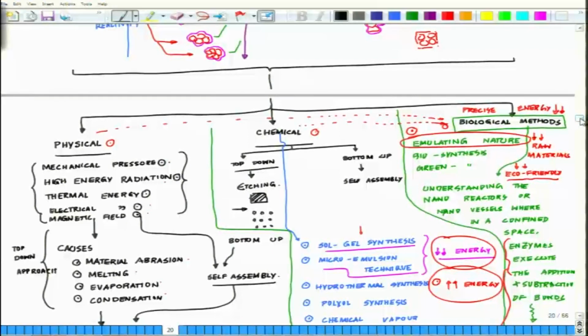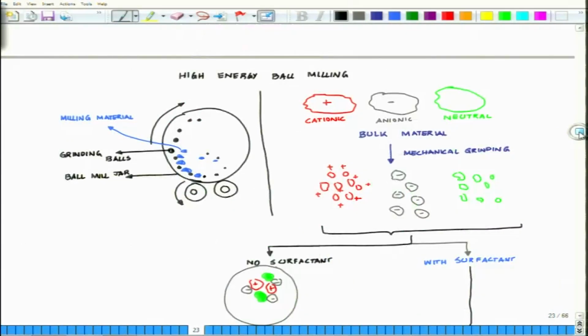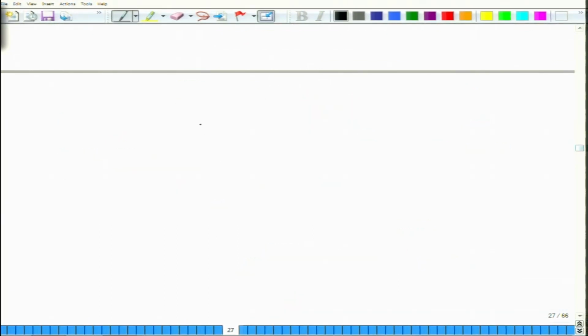So, using all these forces, in other words, if you logically break down the whole thing, what is happening is you have this bulk material and you are using all these different physical forces on this bulk material.